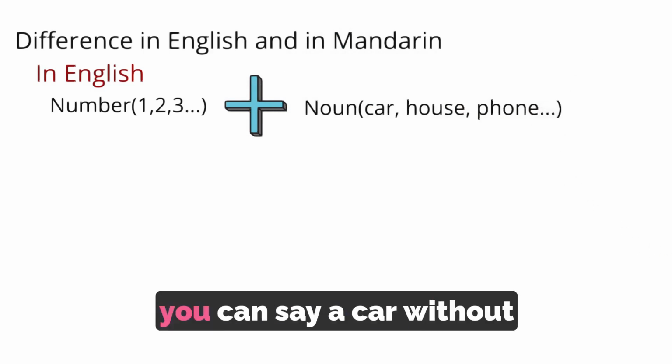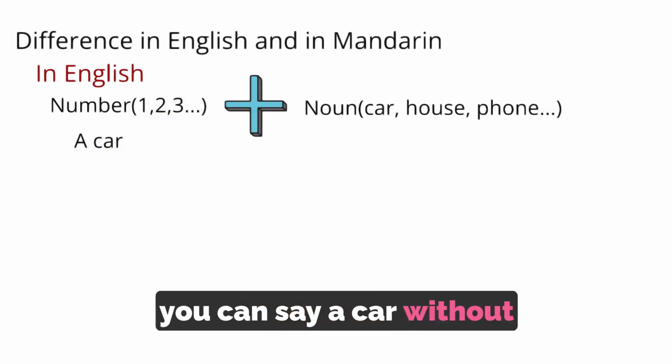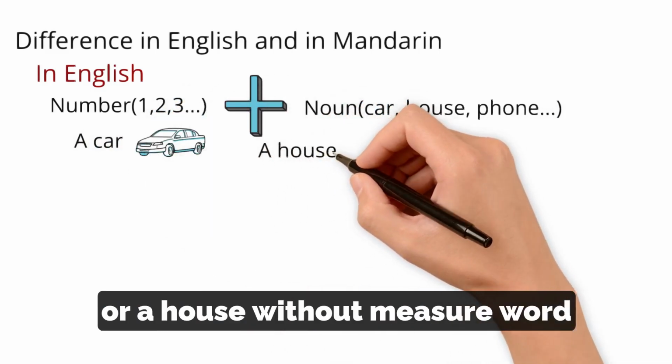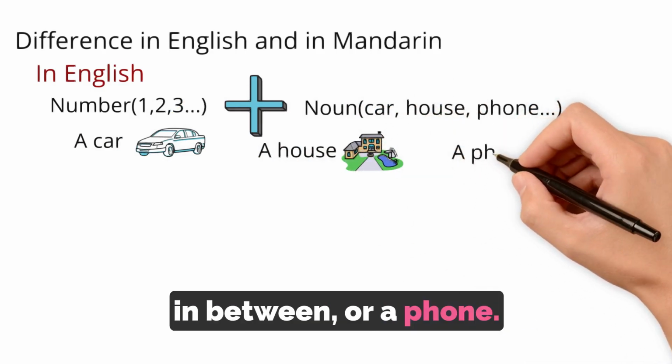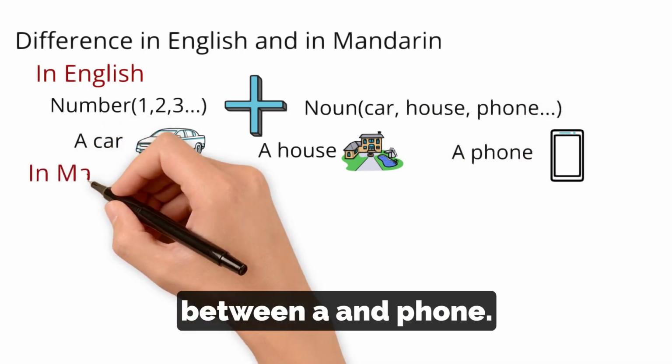For example, you can say a car without a measure word in between, and it's completely fine. Or a house. Or a phone. Also, there's no measure word in between a and phone.